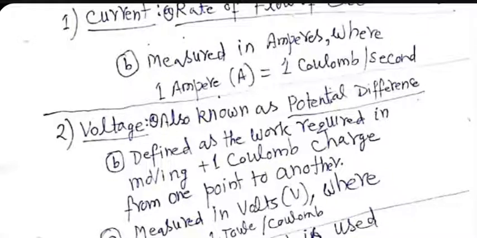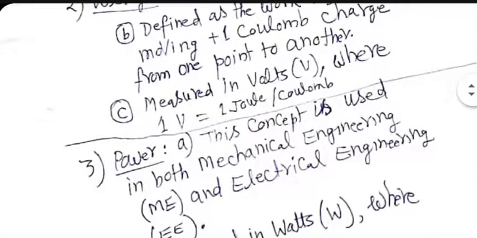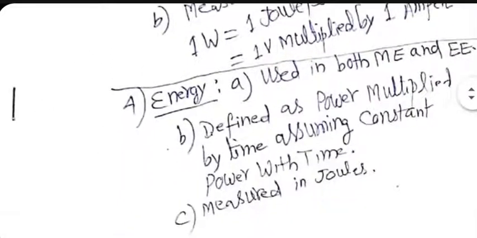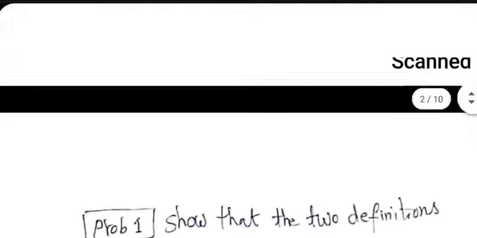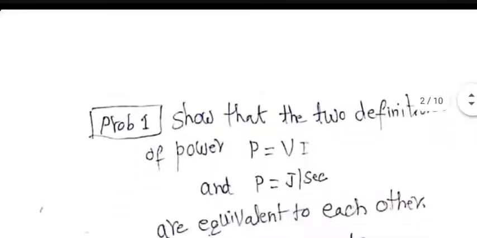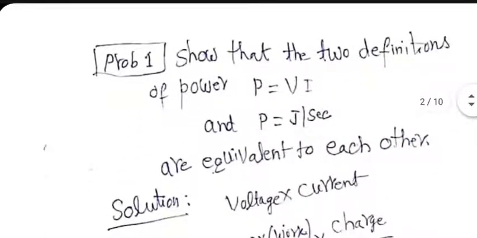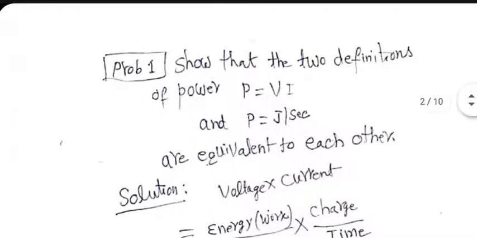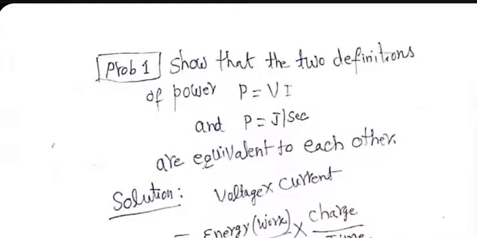Ampere, volts, watts, and joules, 4 units that power engineers use all the time. Now here is the simple problem that says that you show that the two definitions of power, V into I or joules per second, are equivalent.